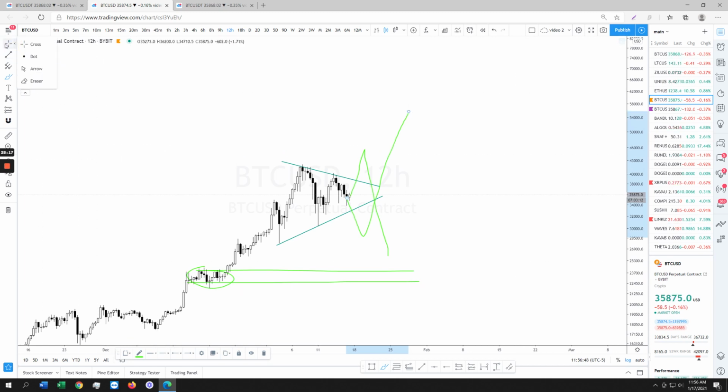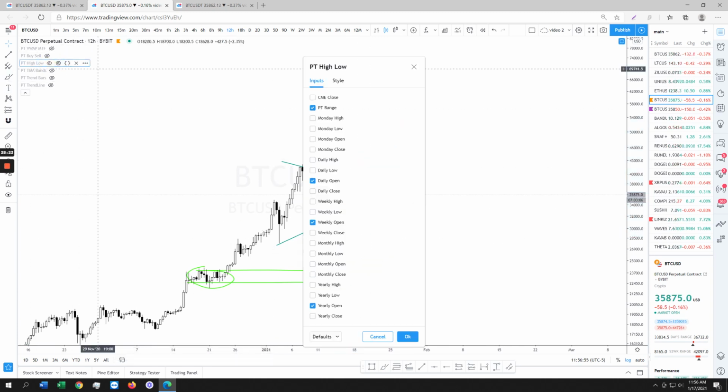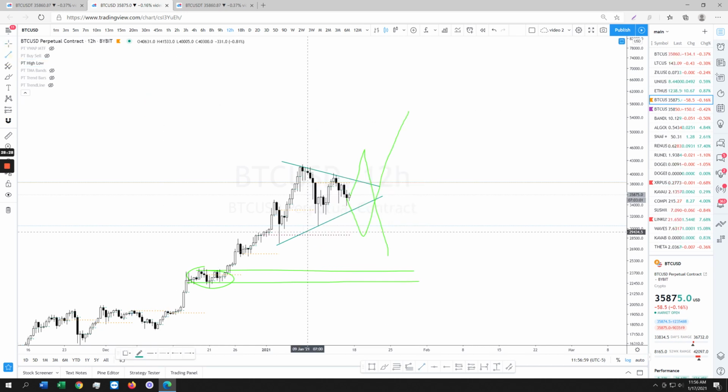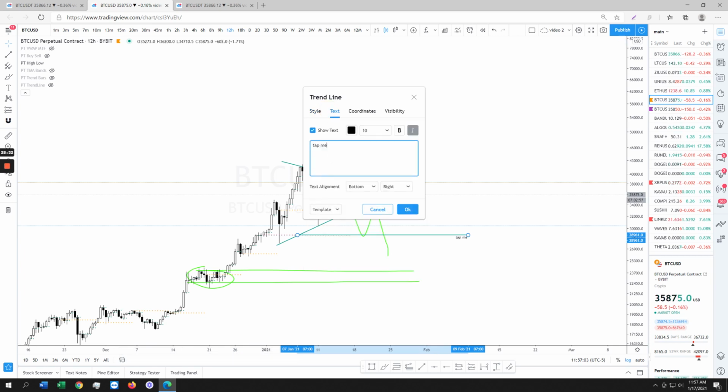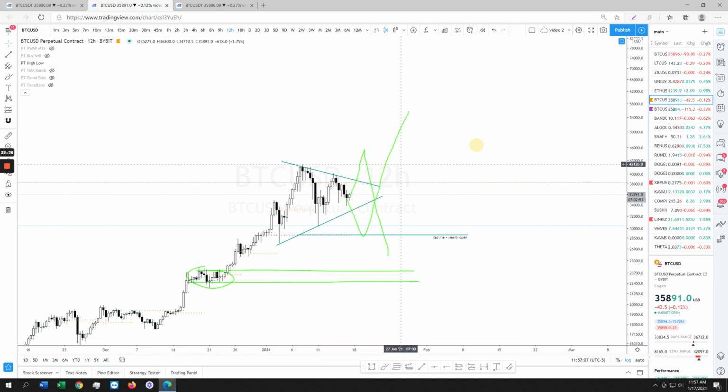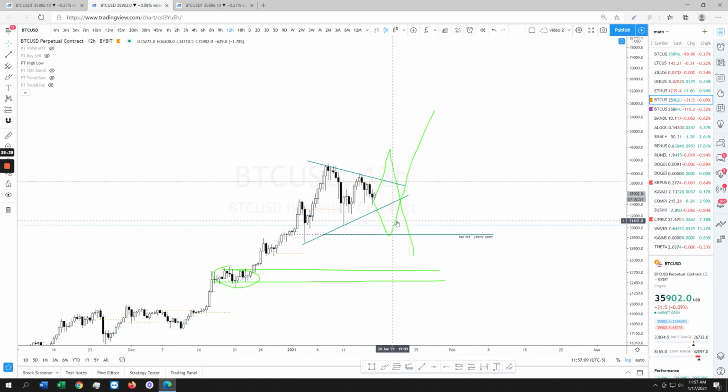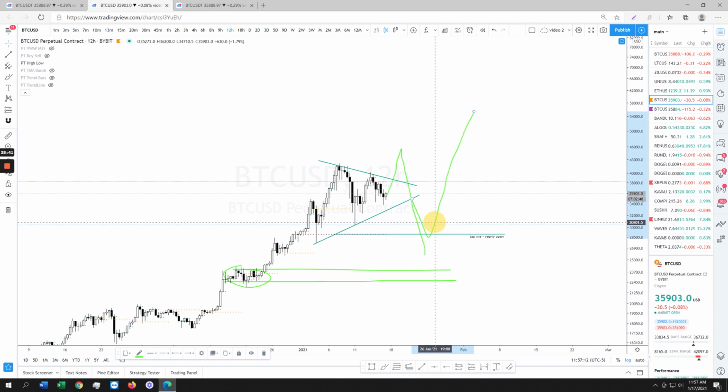And I don't think that the first move is going to be real. So if we break down, tap yearly open, right? I'm going to make this a different color because you're going to get confused.